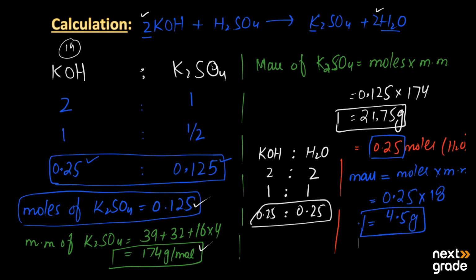The last step is to find the number of water molecules. The formula is the number of molecules equal to moles multiplied by Avogadro's number. We have 0.25 moles of water, and we multiply it with Avogadro's number, which is 6.02 into 10 raised to power 23.